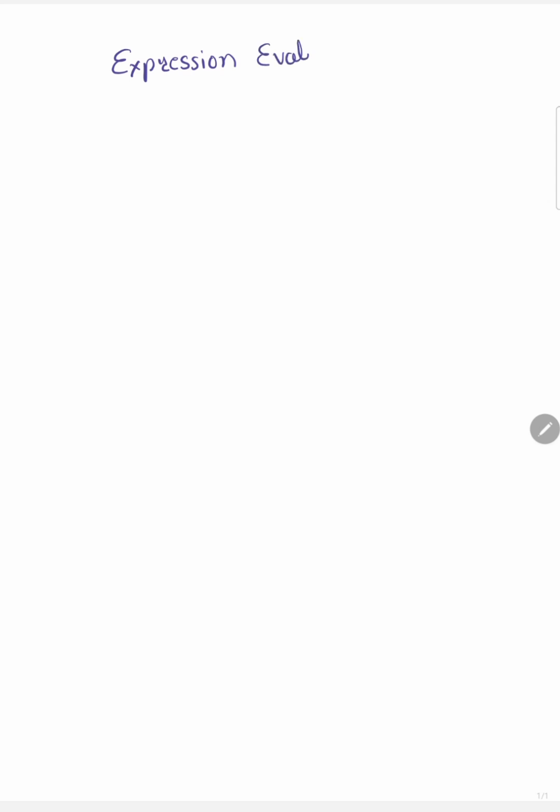Any algebraic expression, if we want to evaluate it, we can always evaluate the expression that is in postfix form. First we need to make sure that our expression is in postfix.